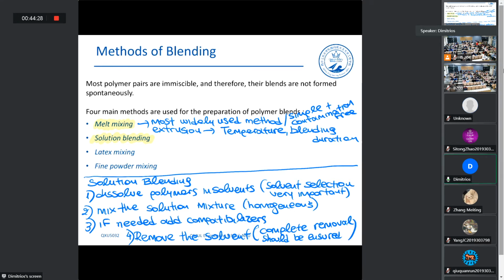Latex mixing is another interesting method for blending polymers. Okay, it can be used only for polymer particles that can be suspended in an aqueous medium, in a water medium. So what is latex? It's a stable suspension of polymer particles in an aqueous medium.